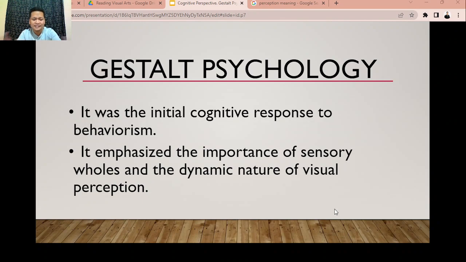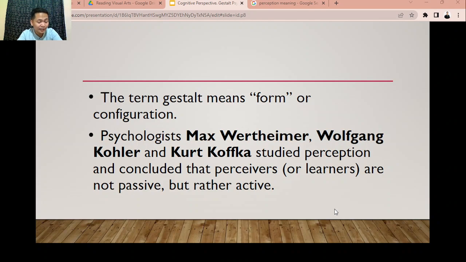So what is this? Let's go deeper into the definition of Gestalt psychology. What's Gestalt anyway? It actually means form or configuration. Later we will see the connection of this term form to teaching and learning.